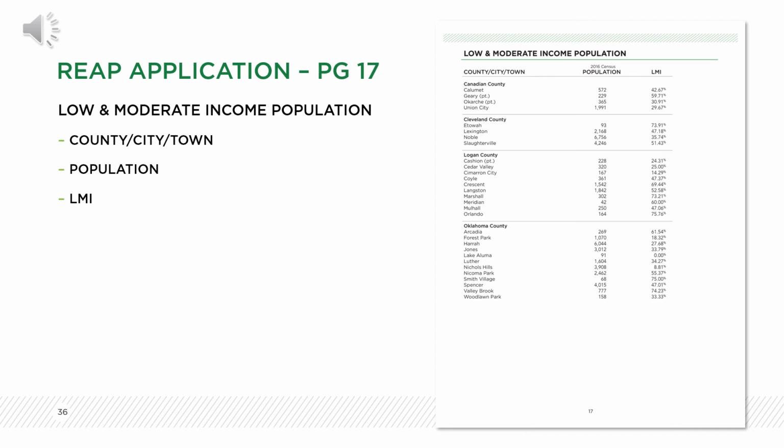As mentioned earlier, you receive points based on your population number. The application packet offers you a table drawn from the 2016 census that allows you to identify your population accurately and to write that in your application.